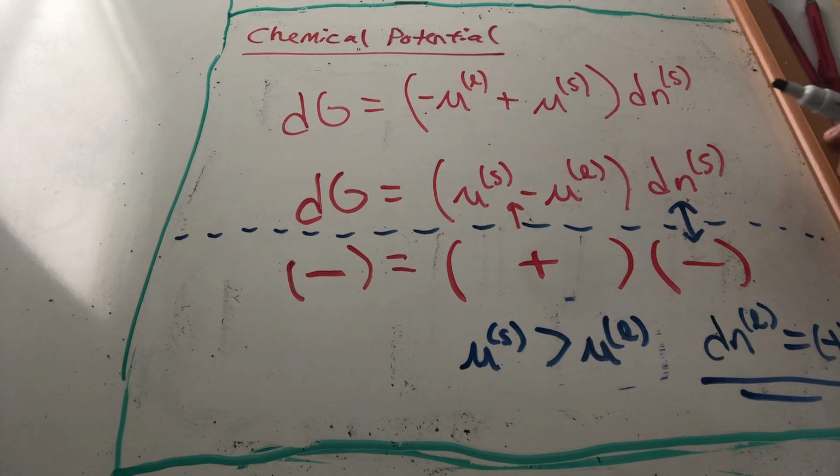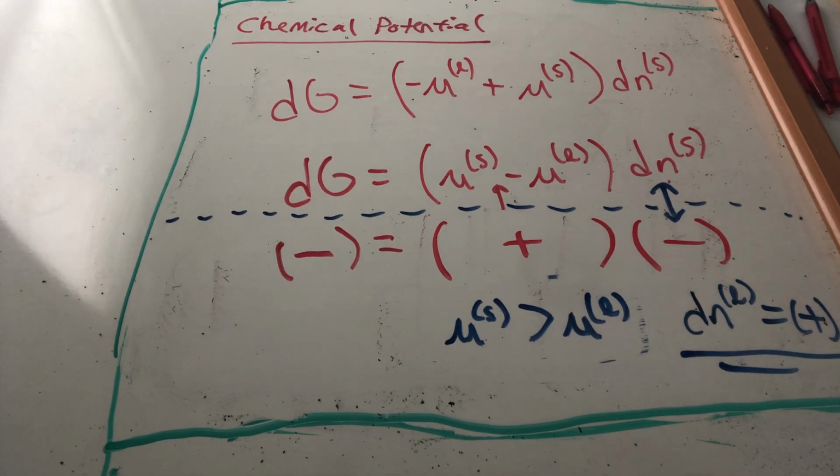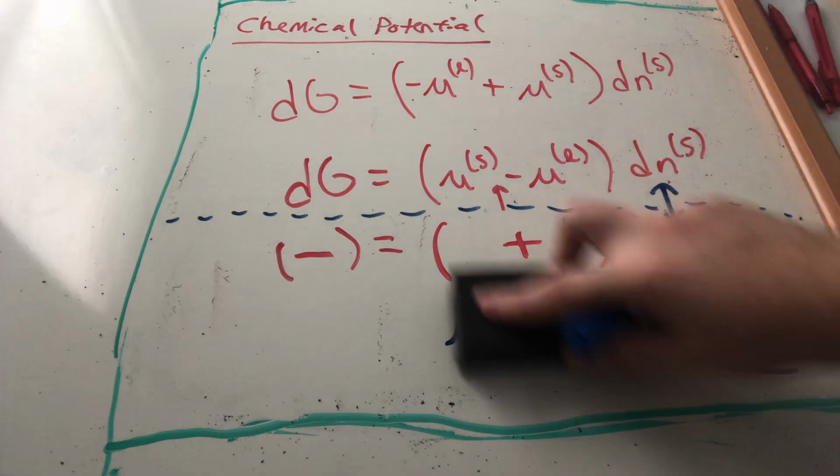In this instance, dN for the liquid would be positive. So chemical potential behaves to dictate the flow of these different situations. And in the context of phase diagrams, it dictates what state you'll see for a given P and T. The lower the chemical potential, the better.